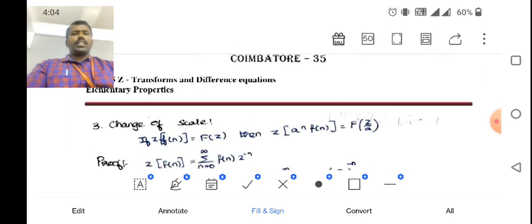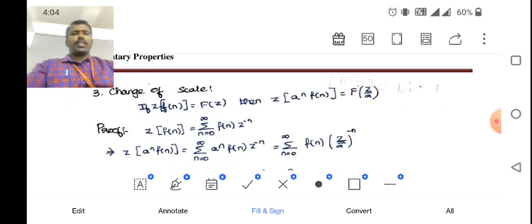Next property is the change of scale property. If Z transform of f(n) equals capital F(z), then Z transform of a power n f(n) equals F(z by a). Proof. Z transform of f(n) equals summation n equal to 0 to infinity f(n) z power minus n.